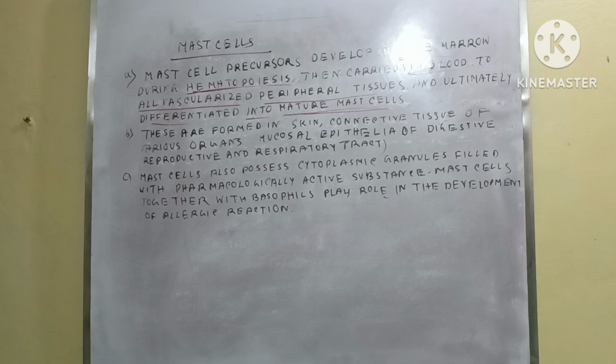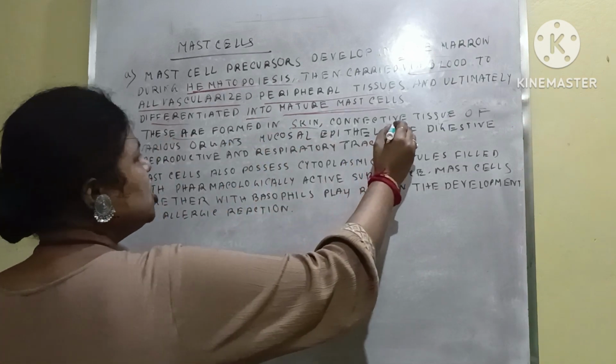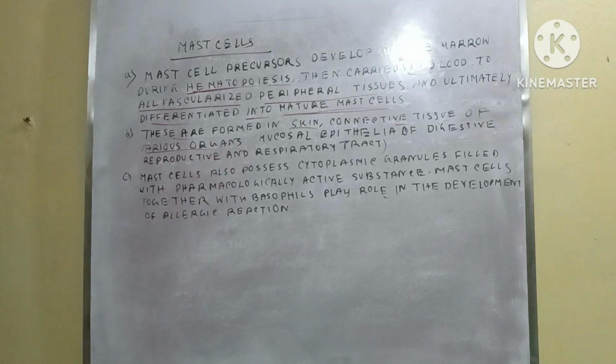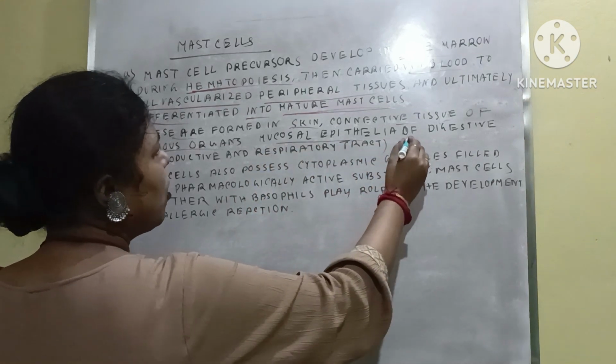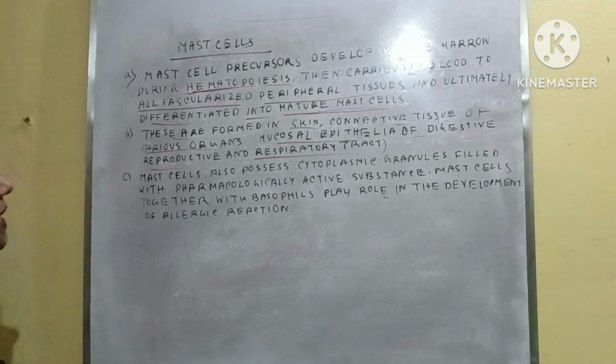Clear? And these are found in the skin and connective tissue of various organs. Which organs are involved here? The mucosal epithelia of the digestive, reproductive and respiratory tract.